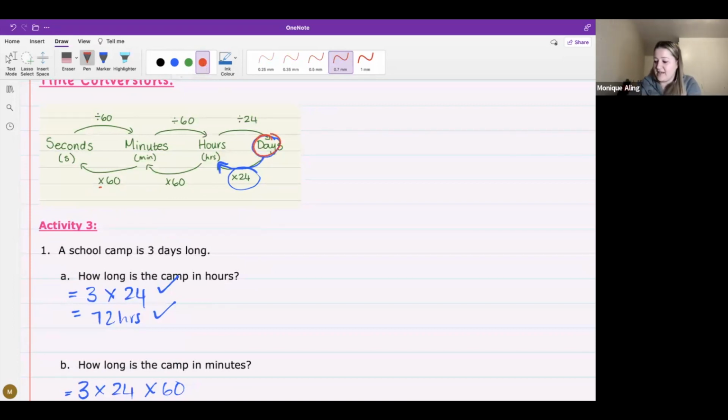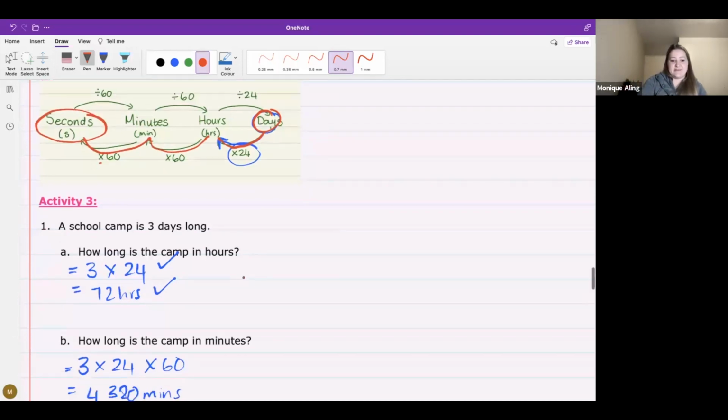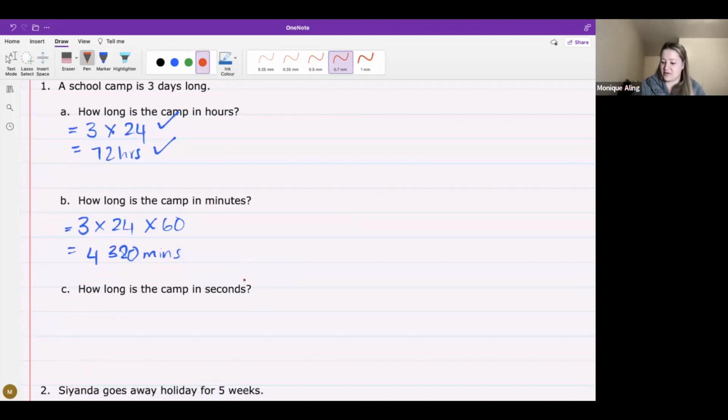That's literally taking your 3 days, times by 24, times by 60, times by 60 again to get us all the way to seconds. And all of you did get this correct. Well done. 259,200 seconds.